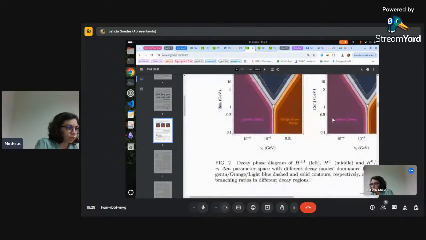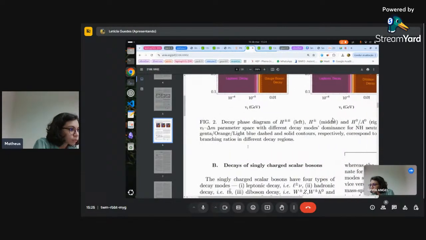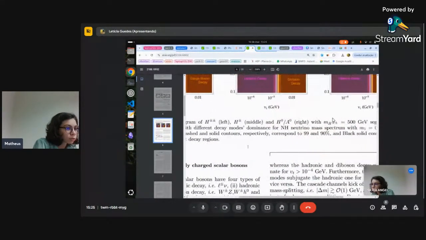What other parameters are there? It's the value of the triplet, the VEF, and the difference of the masses, so the low masses. I think it's probably the neutrino mass. Let me see. Because we can measure the difference between the neutrino masses. Yes, exactly.